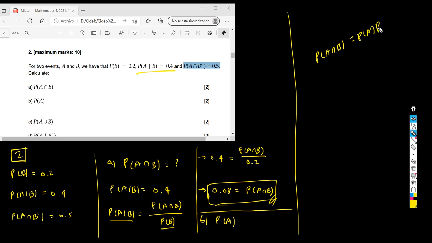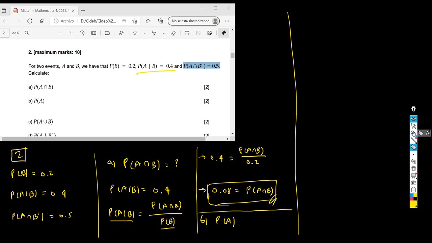You wanted to use this formula because you thought, I already have this, I already have this, and therefore I can calculate this. Wrong. That's only possible if you know that A and B are independent, which at this moment you don't. So you cannot use that, and that was a mistake made by many of you.